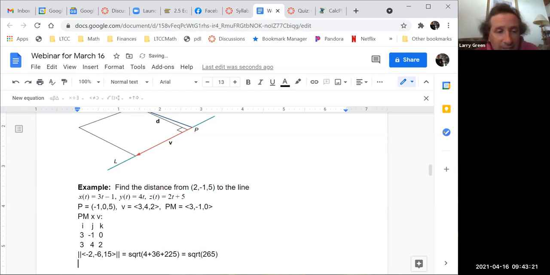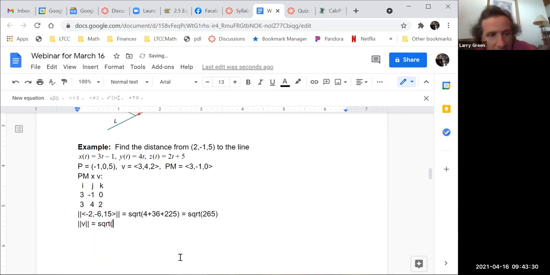Okay, and then finally, I want the magnitude of V. That is equal to the square root of 3 squared plus 4 squared plus 2 squared, or 9 plus 16 plus 4, which is equal to the square root of 29. So the distance is just going to be the square root of 265 over 29.